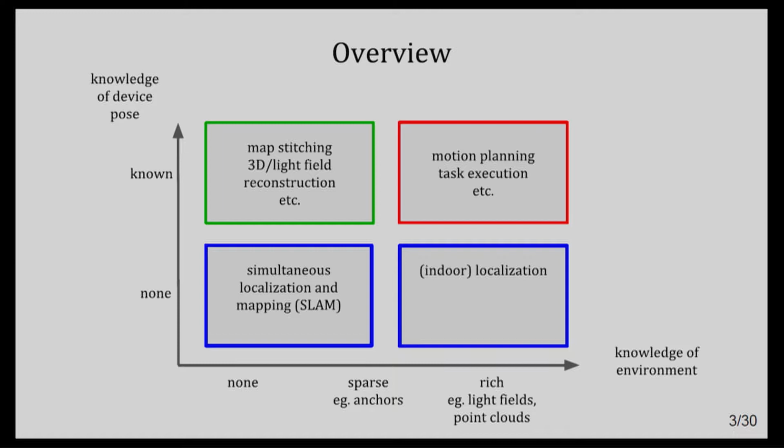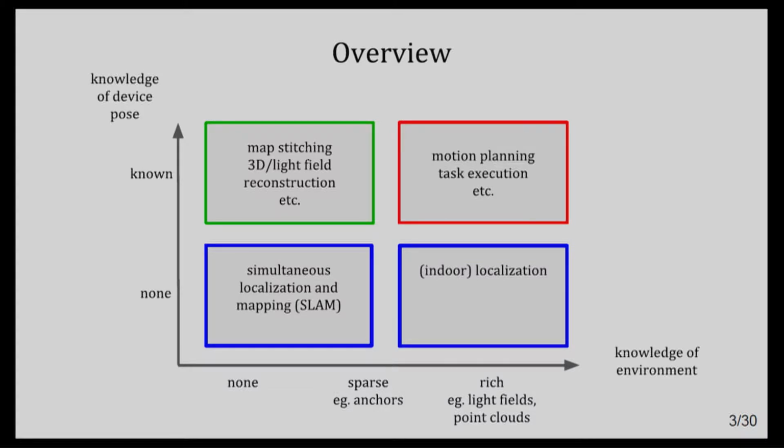So if we don't know anything, then we're in this interesting field of simultaneous localization and mapping, where you're trying to simultaneously find both information of the surroundings and the location of the robot. And if we know something, either sparse or rich, about the environment, then we're in the indoor or general localization setting.